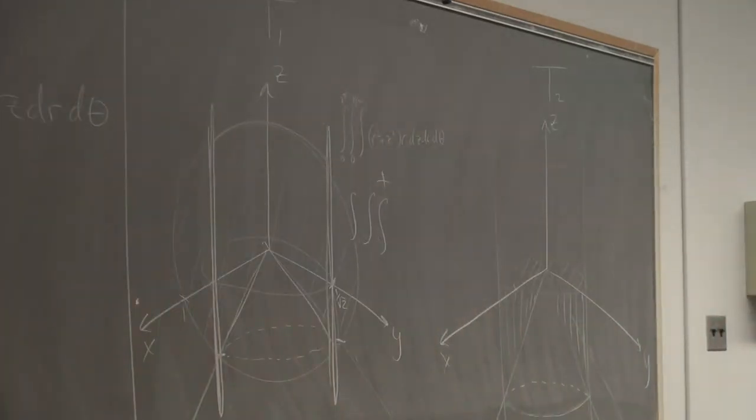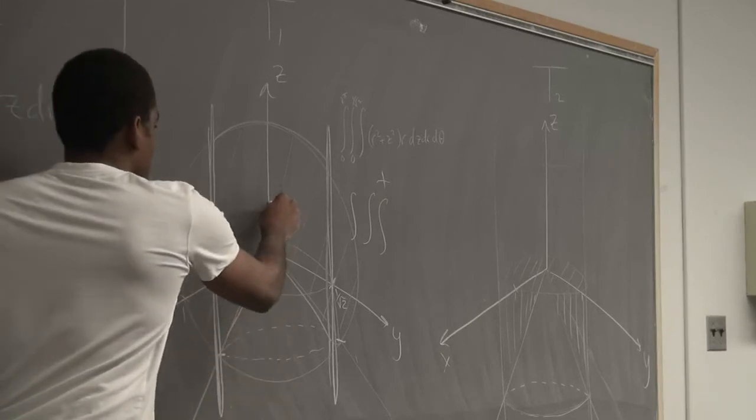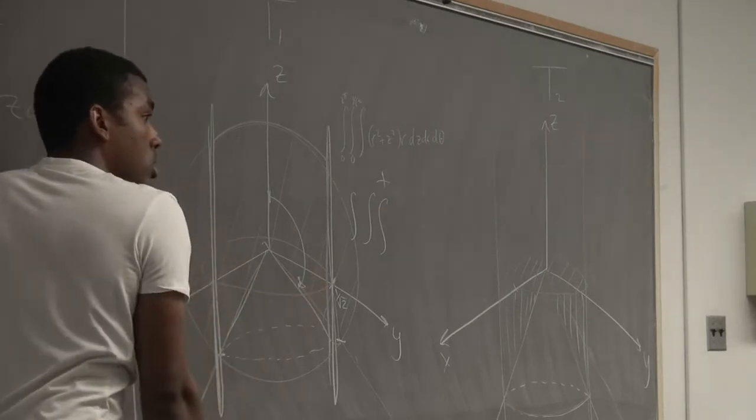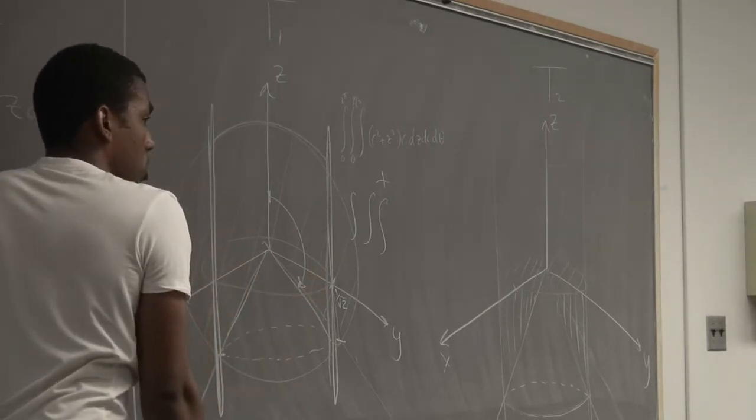Now if we wanted to do it in spherical, what is the way that this would go? We can do it in one triple integral here. What's your phi, which is from the positive z-axis down to here?